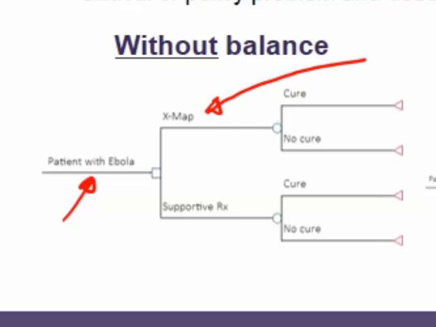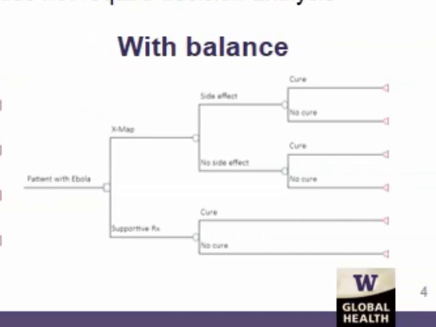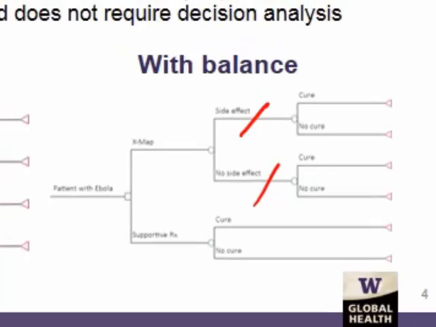So there is a downside to using XMAP. So a balanced model captures that, and the model that we use as an example had a branch for adverse events, and that provided balance in terms of the risks and benefits and the trade-offs therein, which are the rationale for doing decision analysis. So a good model needs to have balance.